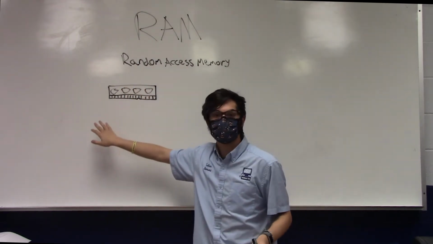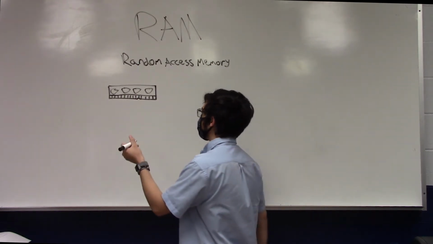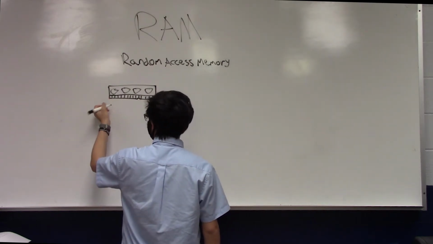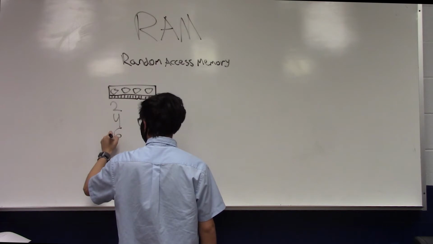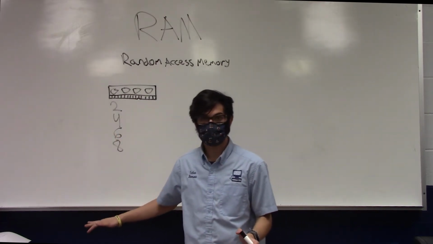There, that's essentially a RAM stick right there. And that usually comes in sizes, and they go in gigabytes. So it's usually 2, 4, 6, 8. So it's just those single digit numbers that go into it.